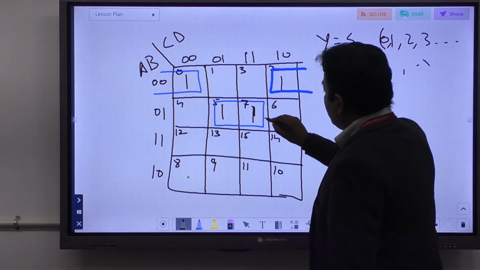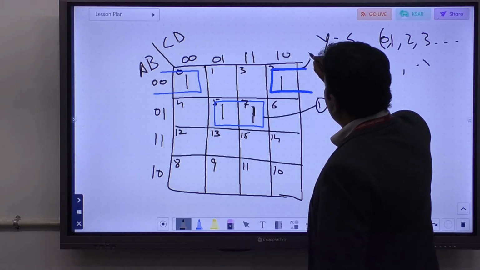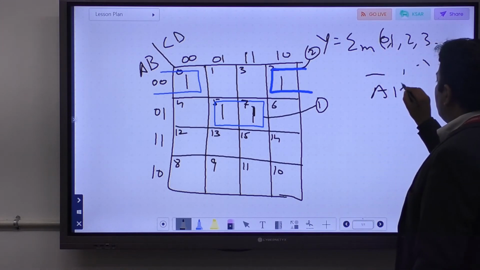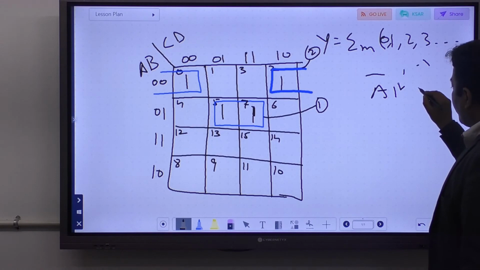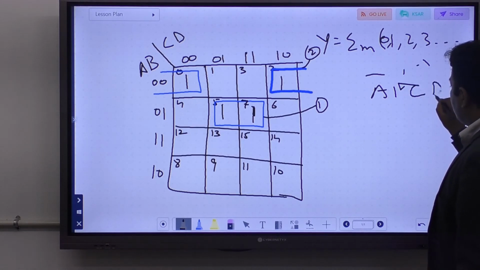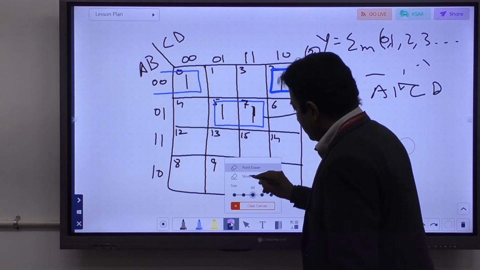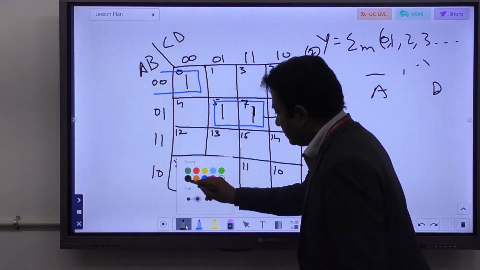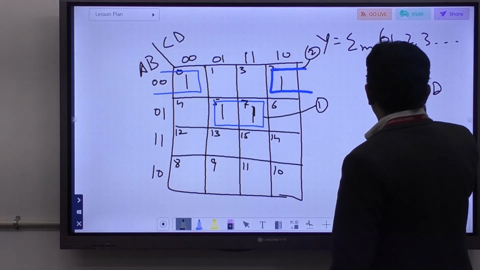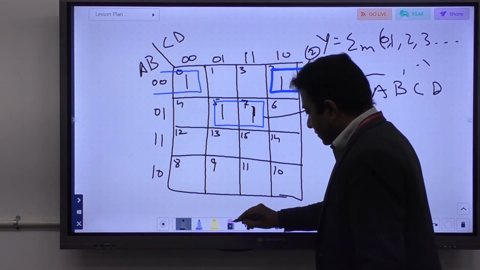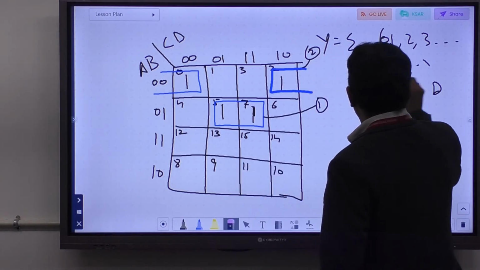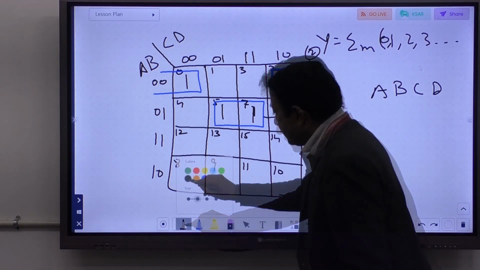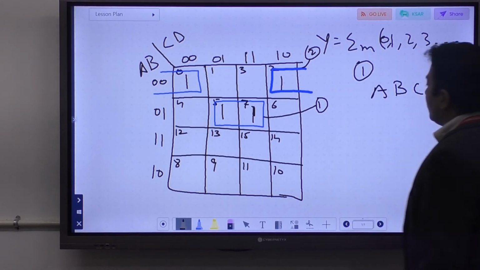Say let this be group 1 and this be group 2, the solving process is again the same.